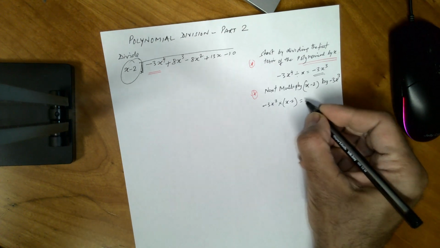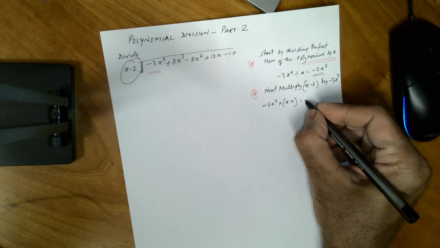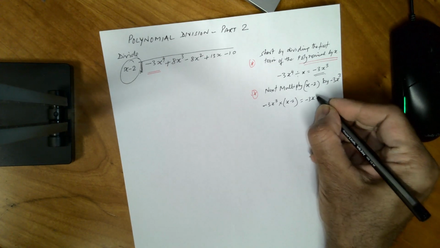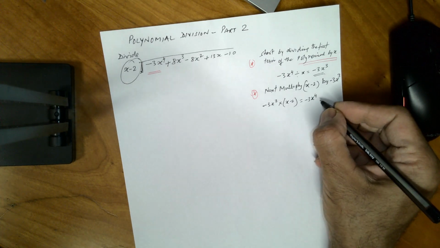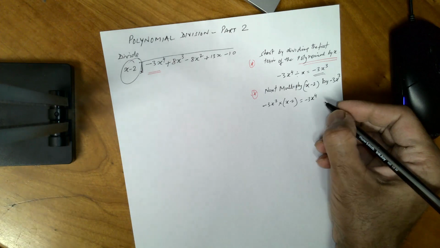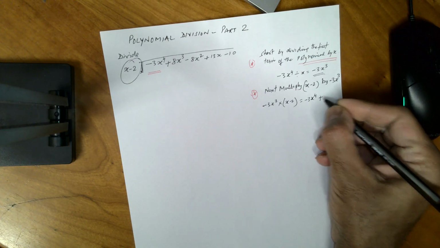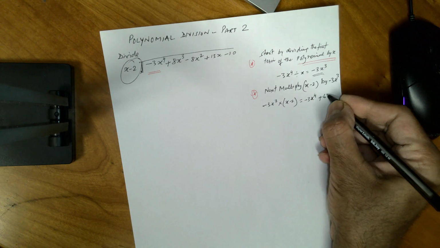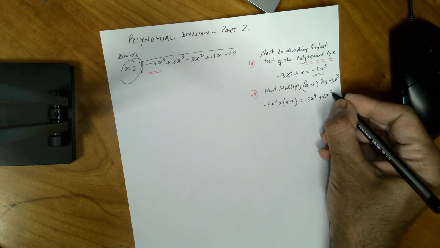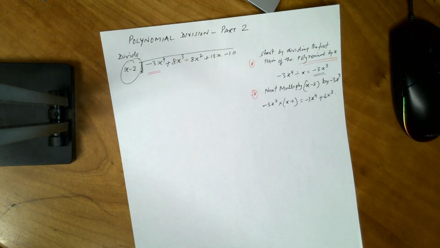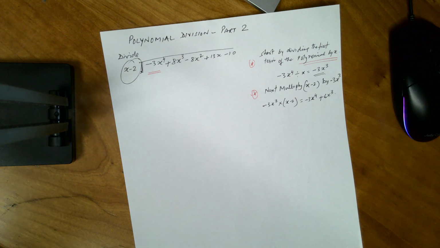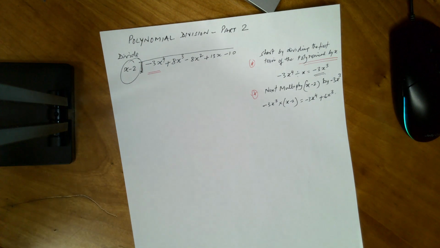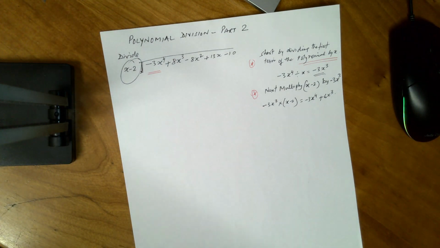You will get minus 3x to the power 4, plus 6x to the power 3. Okay, now you got this here.